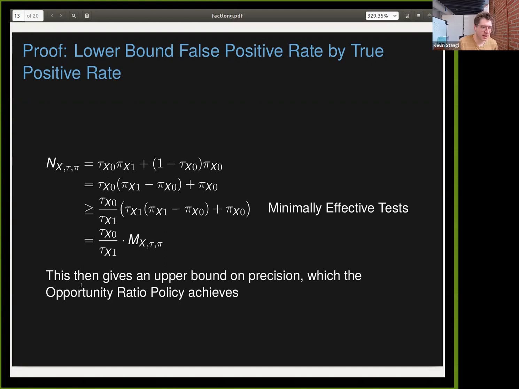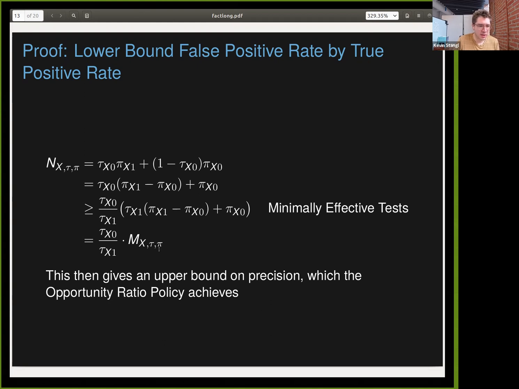So then we can lower bound the false positive rate by the true positive rate. Just to pause on the notation for a second, nx tau pi is the false positive rate of group X with test parameters tau subject to the policy pi. Because we have this very simple structure in the tests and how people get promoted through the pipeline, you can write out the false positive and true positive rate with these closed forms, and then you get this lower bound.